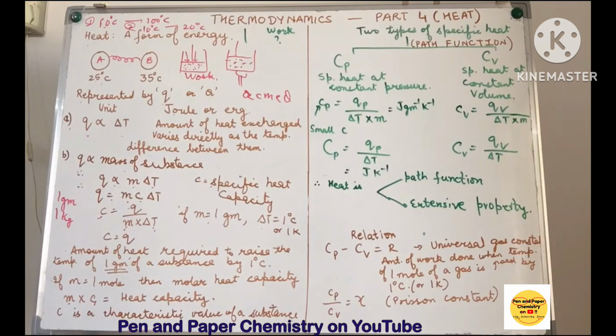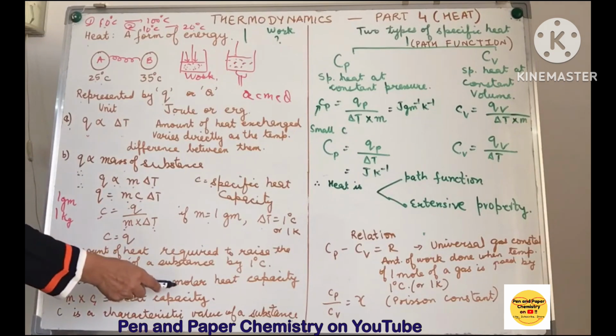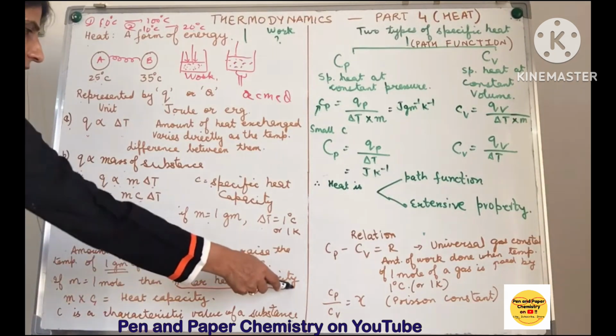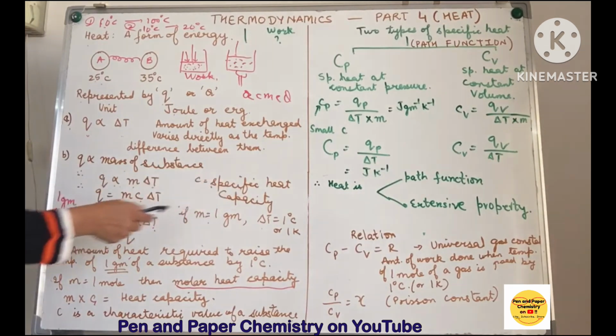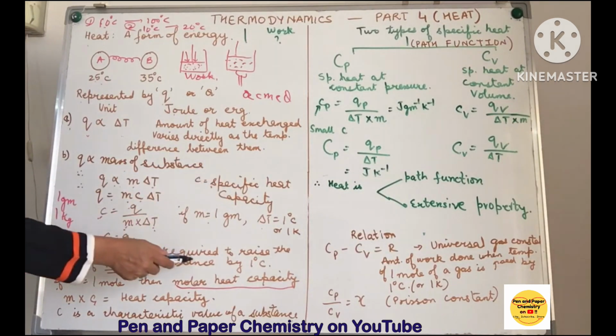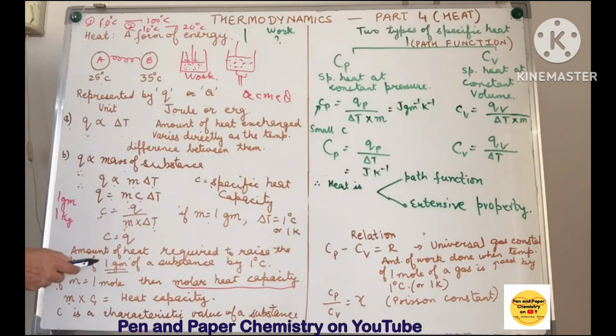Now when I talk about unit mass, in chemistry we deal with moles, a mole of a substance more often than a gram. So we have also introduced a new term called molar heat capacity. So instead of specific, it becomes molar heat capacity. Now molar would be the amount of heat required to raise, or you can also say change, the temperature of 1 mole of a substance by 1 degree Celsius.